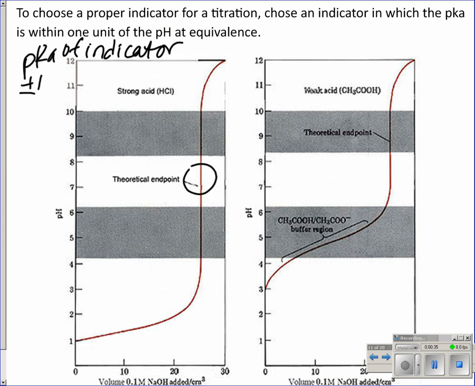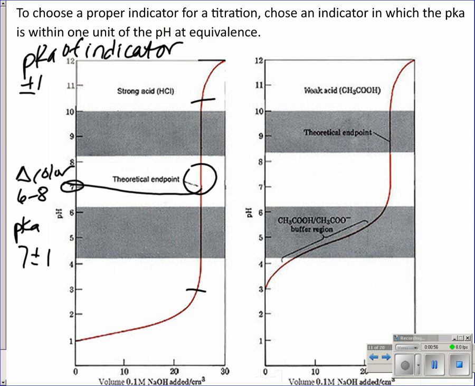So in this first example, it's a little high right there, but if you go between the vertical section about halfway there, in this case, halfway between the vertical section is pH of 7, so you would choose an indicator that changed color between 6 and 8. So you choose an indicator that has a pKa of 7 plus or minus 1.